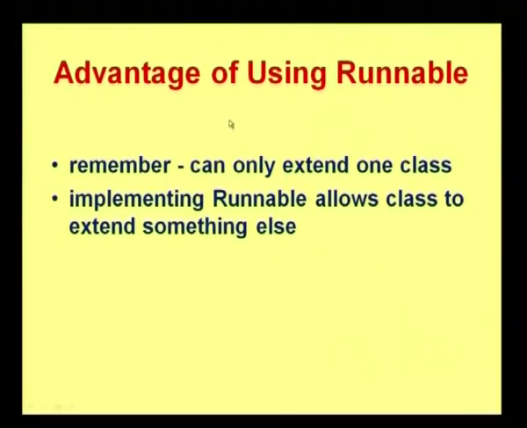Now, you can see the advantage of using the runnable interface. As I told you, there are two methods using which you can create your thread. One is that your application could extend the thread. Now your process itself becomes a thread, and the run method that you have implemented inside your application will be executed on starting the thread.